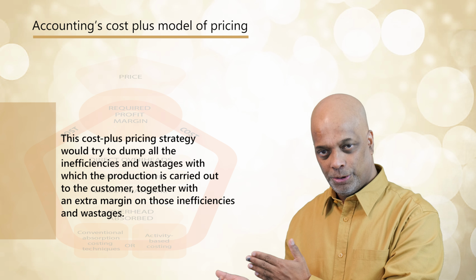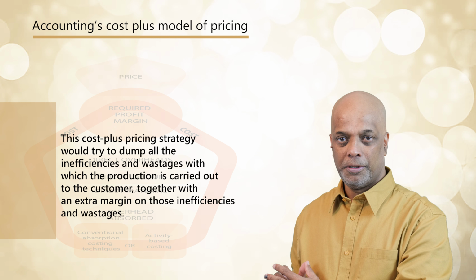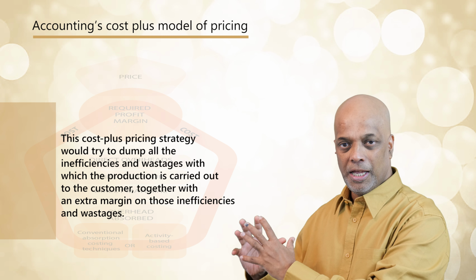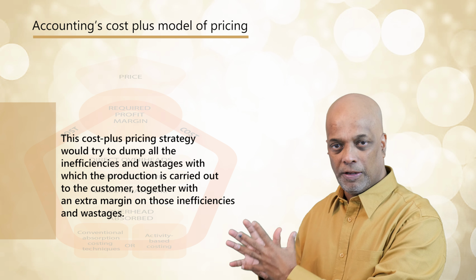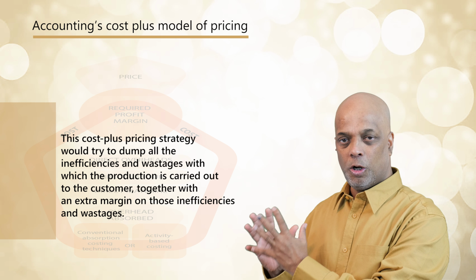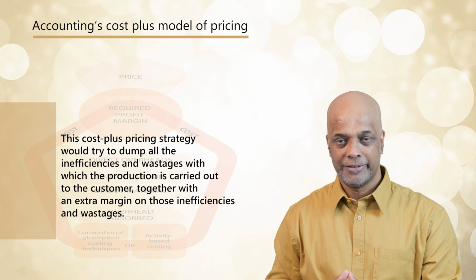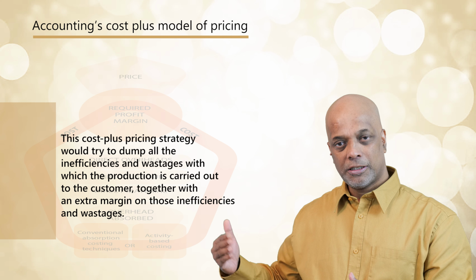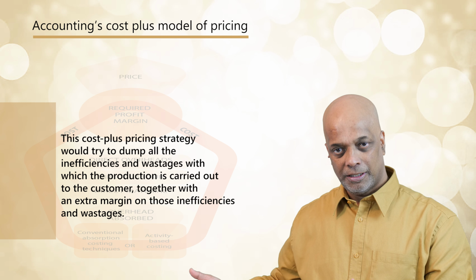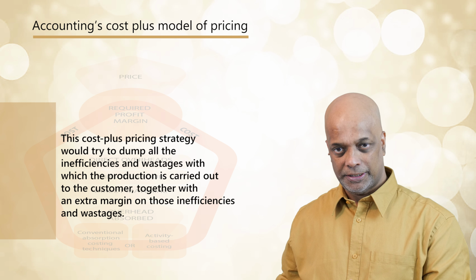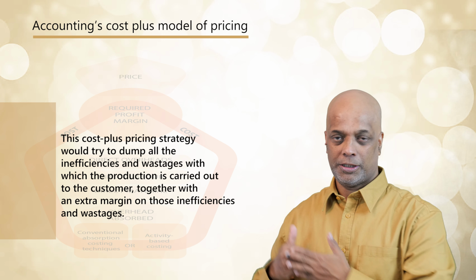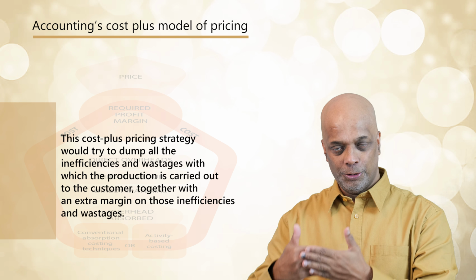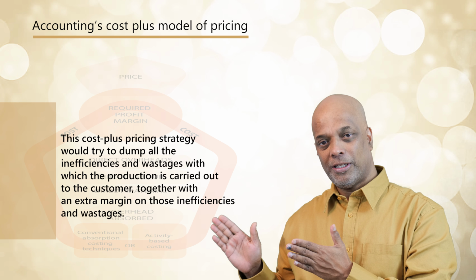So in doing so, at the level of the factory, at the point of production, they may incur lots of inefficiencies. They may have lots of wastages. And at the factory level, the production would keep on carrying on like that, with wastages and with inefficiencies. Then you calculate your cost. And therefore, obviously, that cost will include all those inefficiencies, all those wastages.